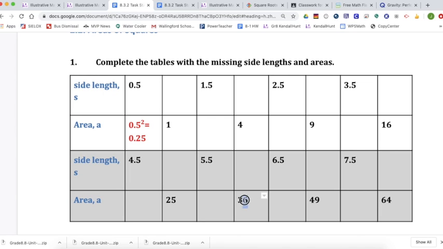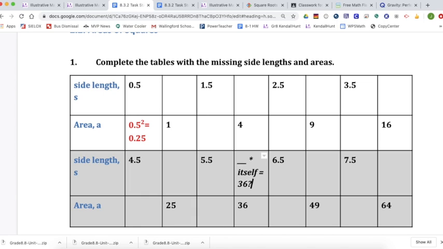So if I want to find the side length, I want to find the number what times itself gets me 36. So what number times itself gets you 36? Let's see, 1 times 1 is 1, 2 times 2 is 4, 3 times 3 is 9. So if you do 6 times 6, you get 36. So the answer is 6.